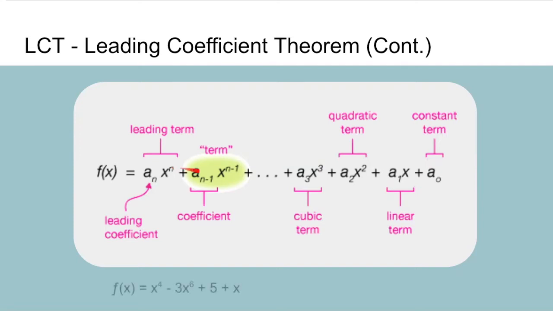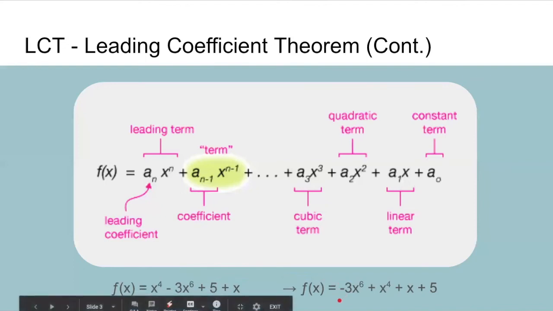So as I was talking about earlier, first thing we're going to need to do is organize each function out to go from the highest term to the lowest term. So if we organized a function like this out, we would end up with something like this, where the highest degree term is first and the lowest degree term is last, or this is our constant term.